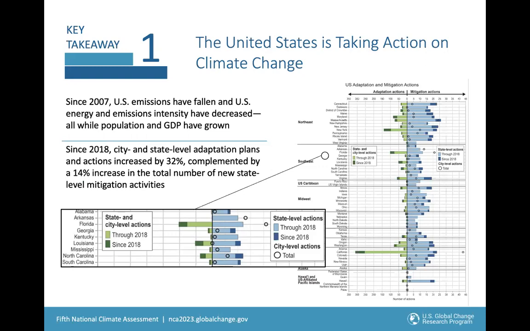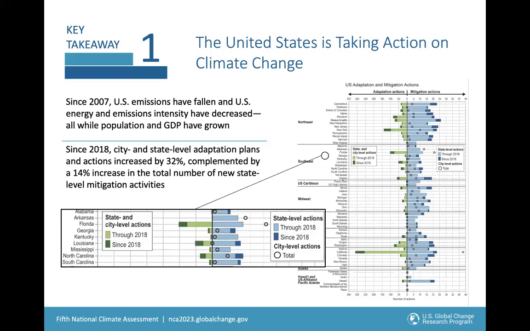Since 2018, when the 4th climate assessment was released, city and state level adaptation plans and actions increased by 32%, which you can see by state in the green bars on the left of the graphic there. These actions were complemented by a 14% increase in the total number of new state level mitigation activities, shown in blue bars on the right.